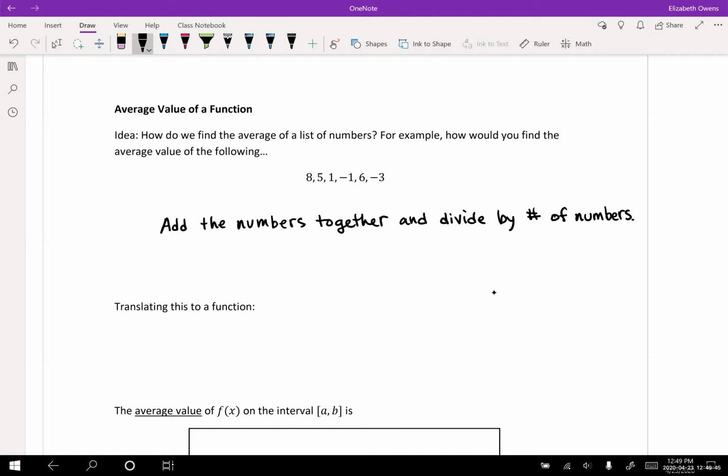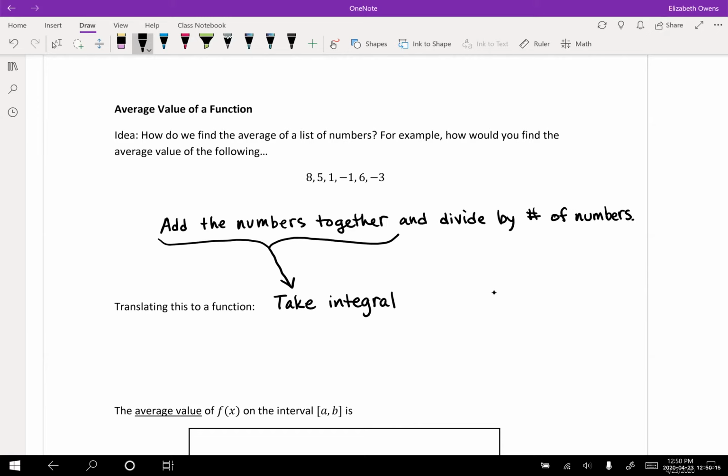All right, so translating this to a function where we say adding the numbers together, that's taking a total of something. And in function terms, we're going to look at the total or net area between the function and the x-axis, which we've kind of seen in this section means we're going to take an integral.